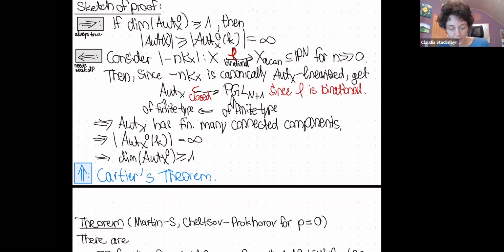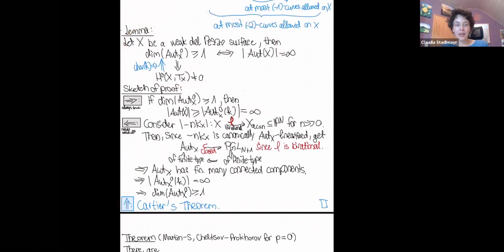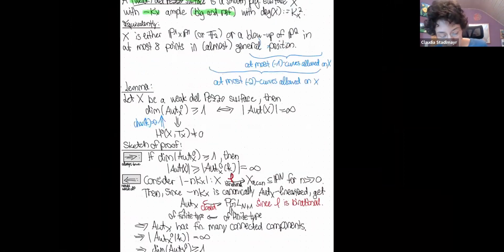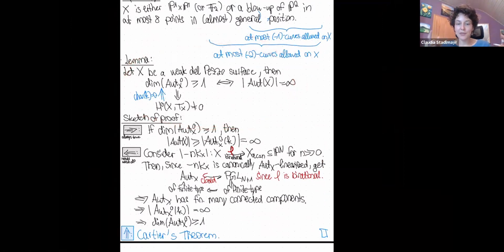So we have proven now this lemma. In our project with Gebhard Martin, we gave a classification of all weak del Pezzo surfaces with global vector fields in all characteristics. And independently, Ivan Cheltsov and Yuri Prokhorov classified all weak del Pezzo surfaces with infinite automorphism group in characteristic 0. And by this above lemma, we see that those two classifications coincide in characteristic 0.